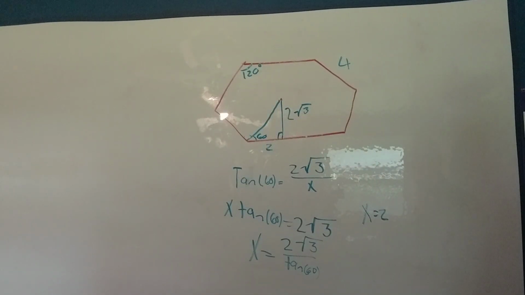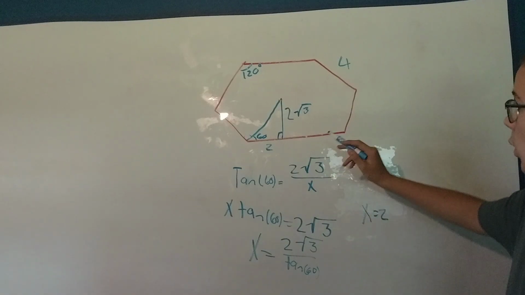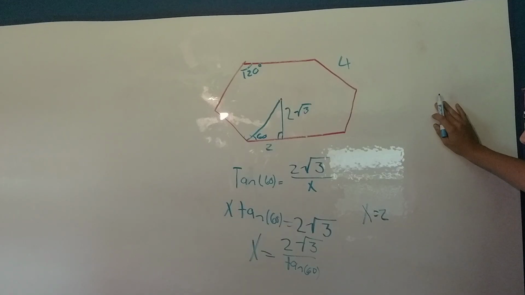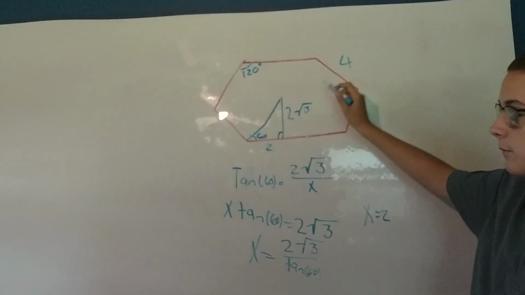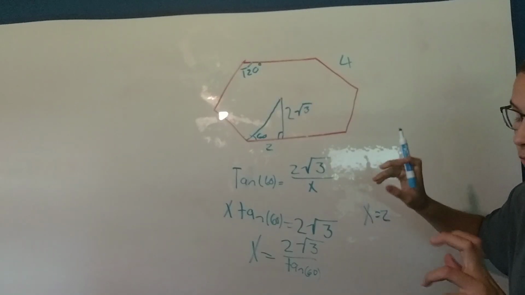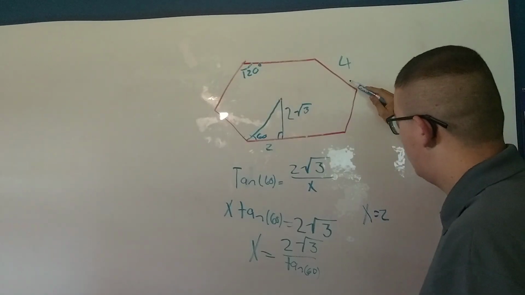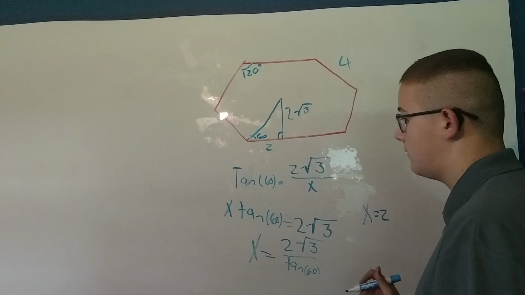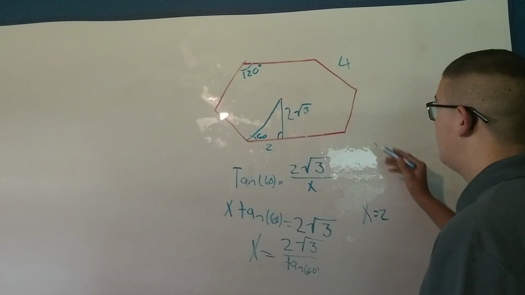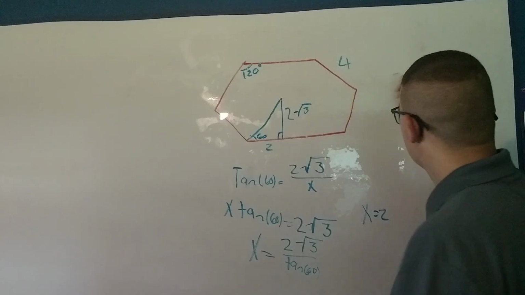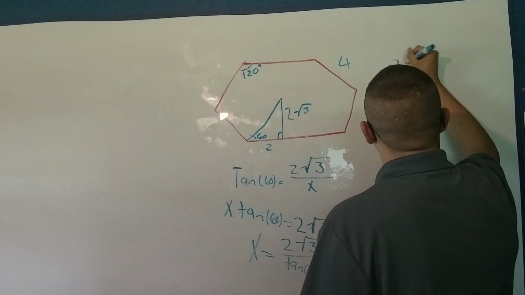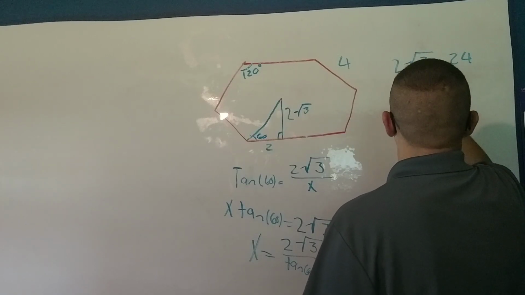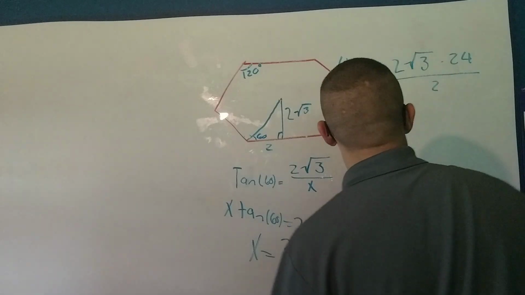And then with that, you have to go there and then find your perimeter, right? If we follow that flow chart, if you will, we do the perimeter. 4 times 6 is 24, and then times our apothem, right? So we do 2 root 3 times 24 over 2, right?